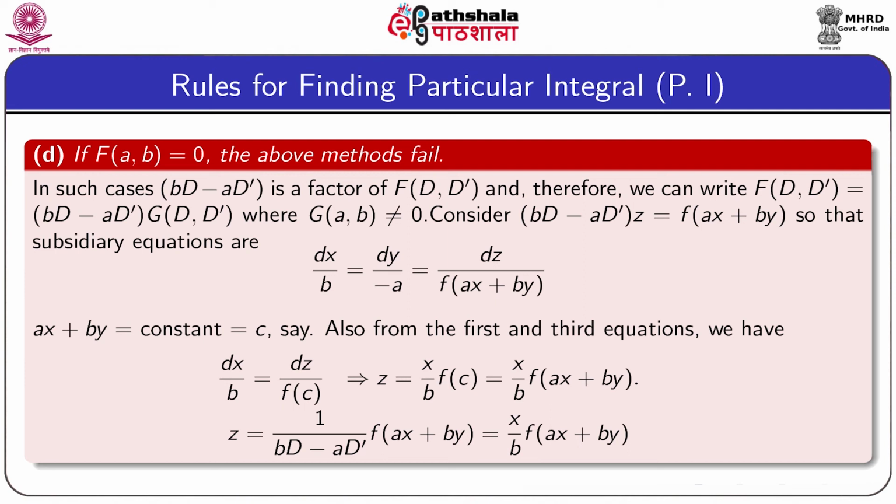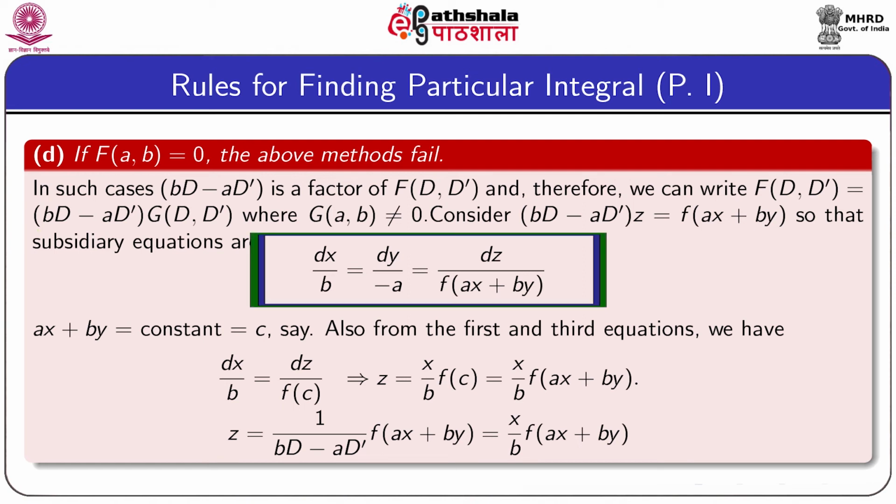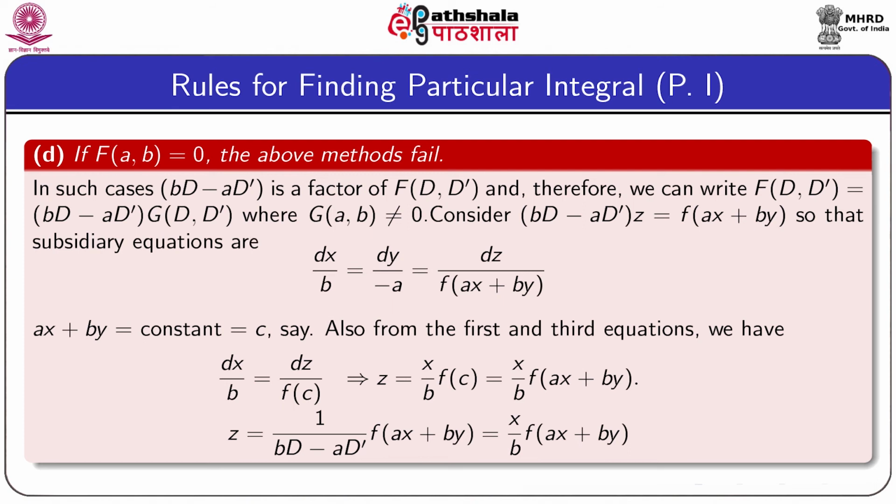Now, consider the differential equation (bD minus aD dash) z equals capital F of (ax plus by). This is a first order partial differential equation. So, we can write the corresponding Lagrange equation, which is written here: dx by b equals dy by minus a equals dz by F of (ax plus by). Taking the first two equations, one can obtain a solution as ax plus by equals constant.